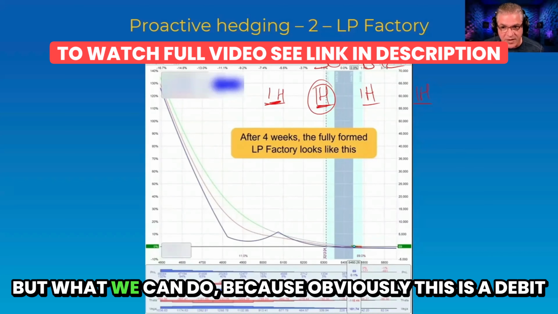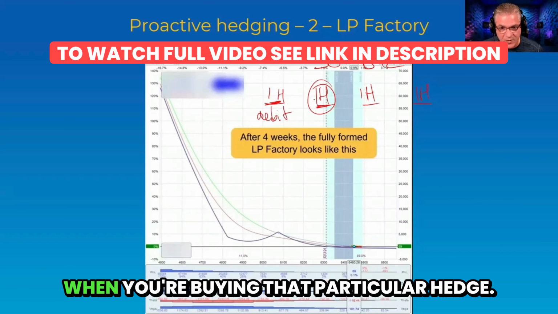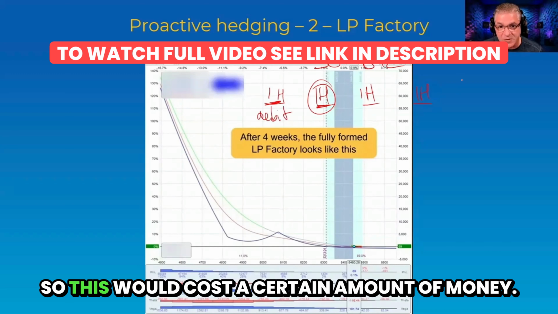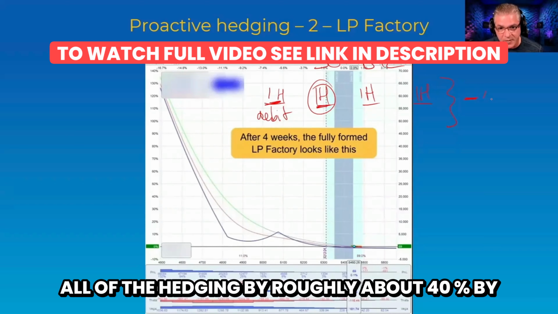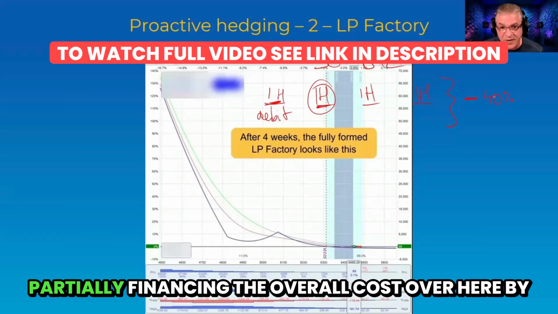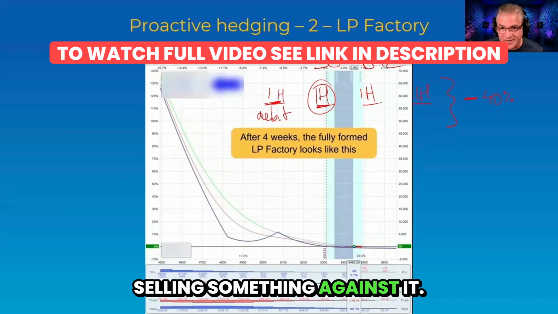But what we can do, because obviously this is a debit when you're buying that particular hedge, so this would cost a certain amount of money, is reduce our overall cost of all of the hedging by roughly about 40% by partially financing the overall cost by selling something against it.